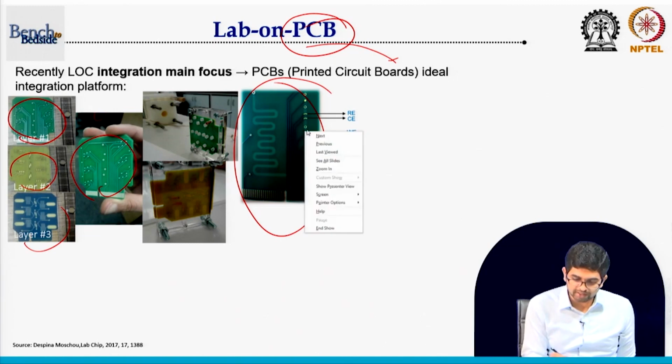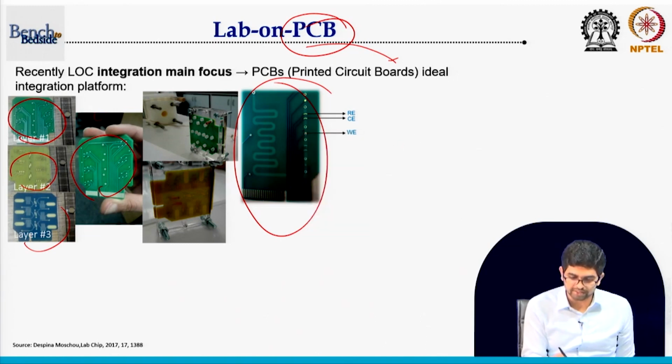So, this part can be useful as a working electrode where you can immobilize the antibody. And other, as I mentioned, I need some reference electrode, counter electrode. So, another dot we can also use as a reference or counter electrode.